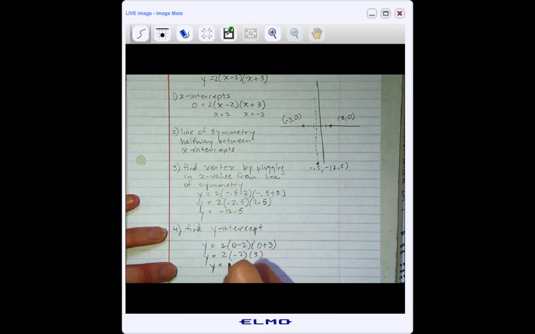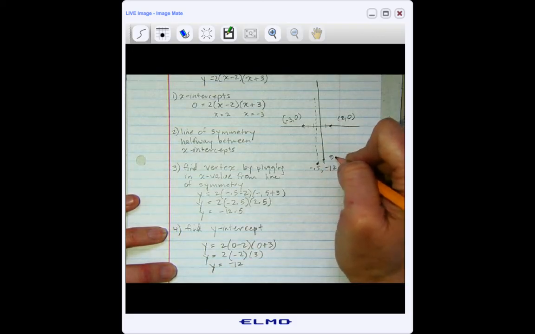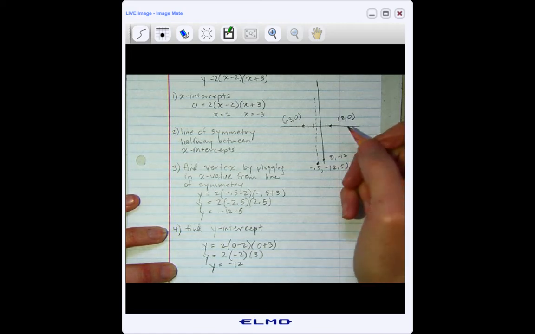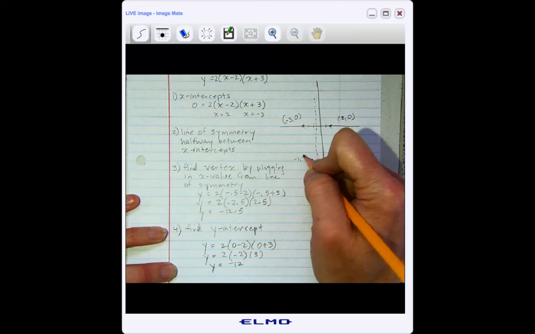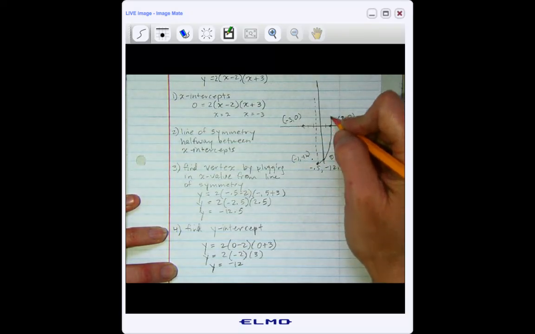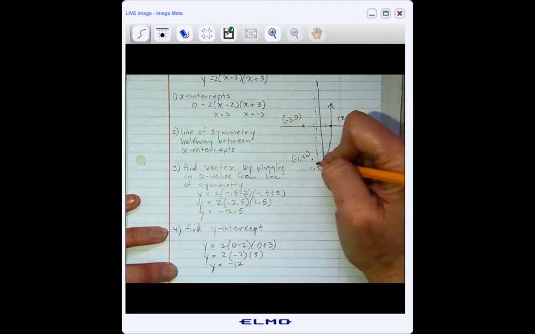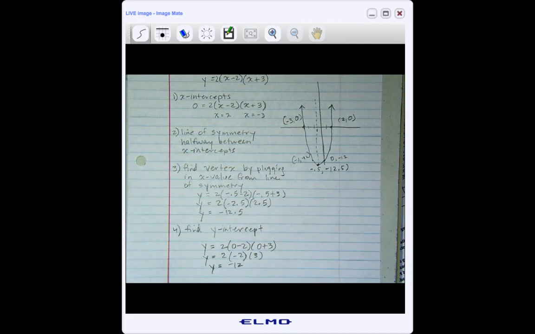Okay, so I'm going to get negative 12. So I'm going to plot 0, negative 12. And then I could also plot negative 1, negative 12, just using some of that symmetry. And then I'm going to go ahead and sketch my parabola. Okay, and that's how I graph if it's in factored form.